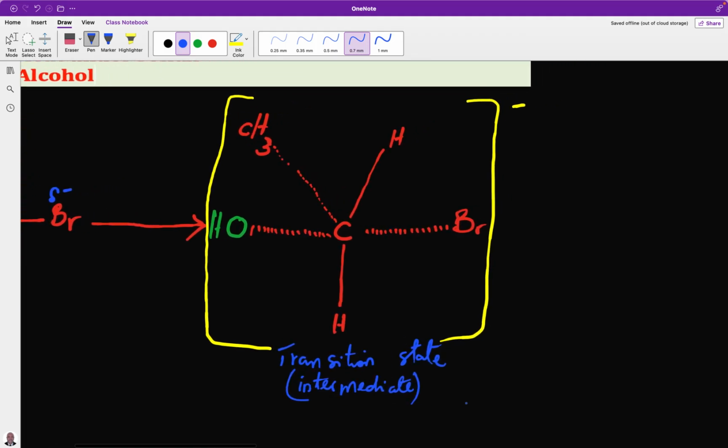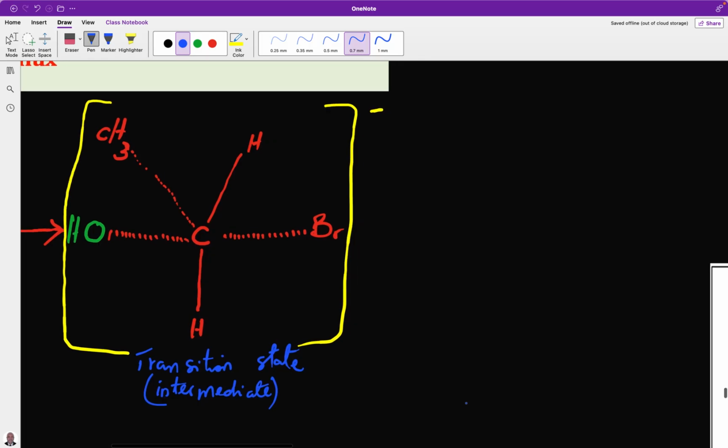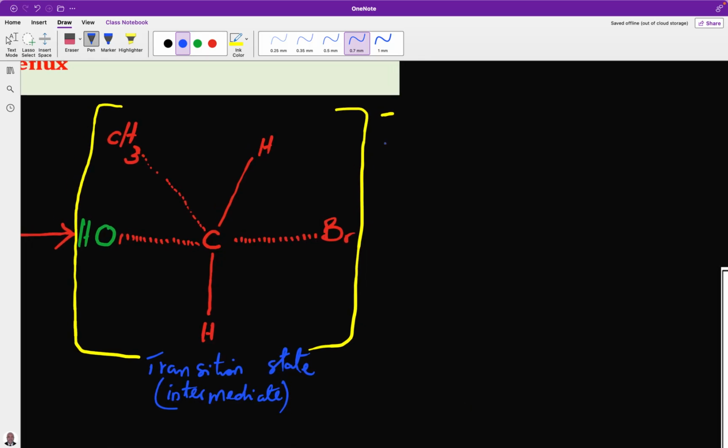Now, see what is happening here. See what happens here. The result of this is this compound that is being formed. The result of this is the carbon. What happens?